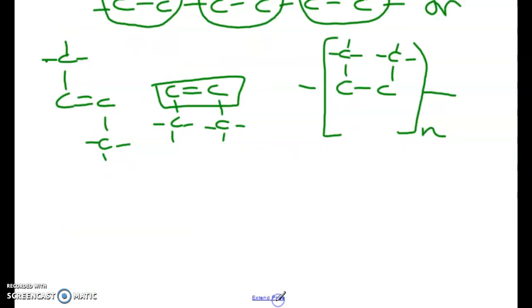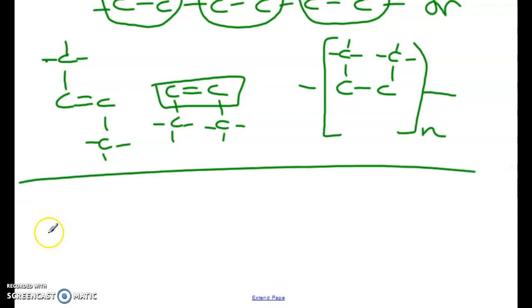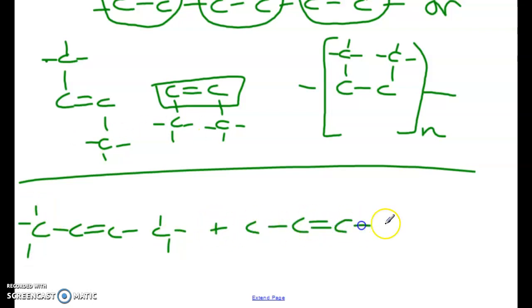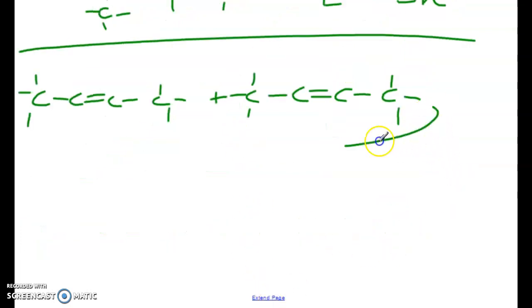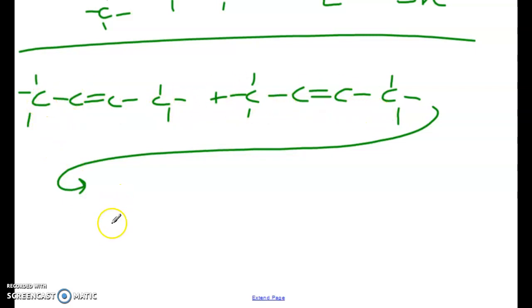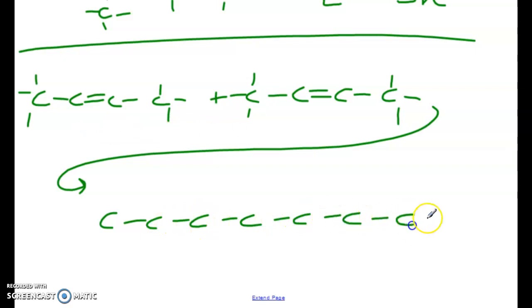Now I'll show you a very common mistake that I see: students will draw the monomer straight. So let's say we did this, same molecule. I'm only going to draw two here because you'll get the idea of what I mean. So what they'll do is they'll do this, and then they'll just add them up. So there's 4, so we'll have 8. 1, 2, 3, 4, 6, 7, 8.